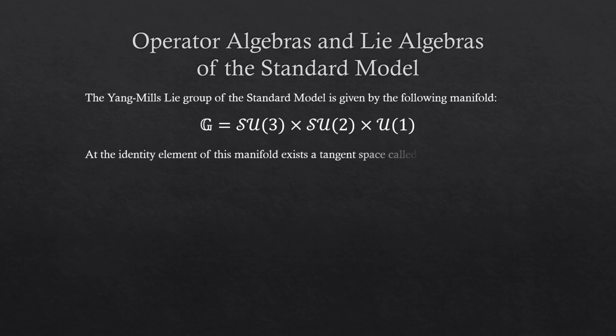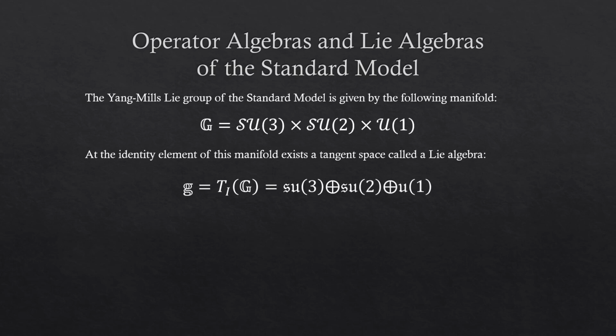But at the identity element, wherever that may be defined on that manifold, there exists a tangent space, and that tangent space is the Lie algebra that generates capital G, the Lie group. So T_e(G) is the tangent space at the identity of the manifold G, and that's the direct sum, a Lie algebra su(3) ⊕ su(2) ⊕ u(1).